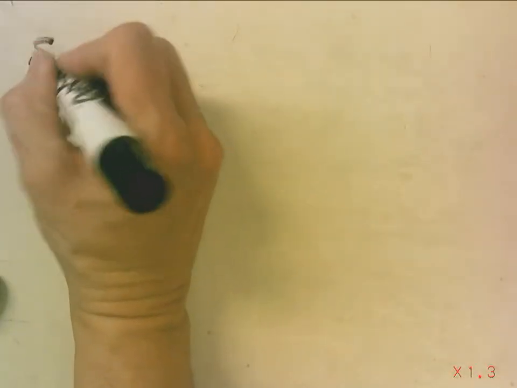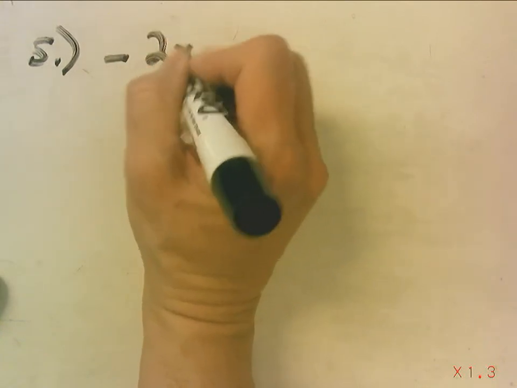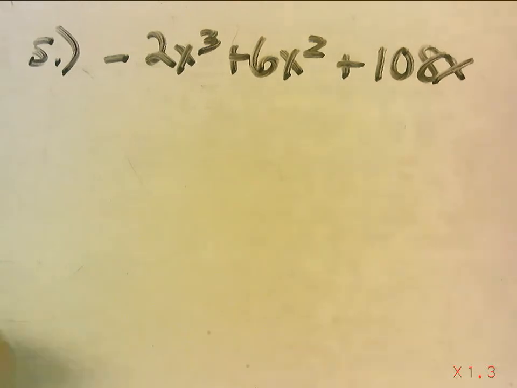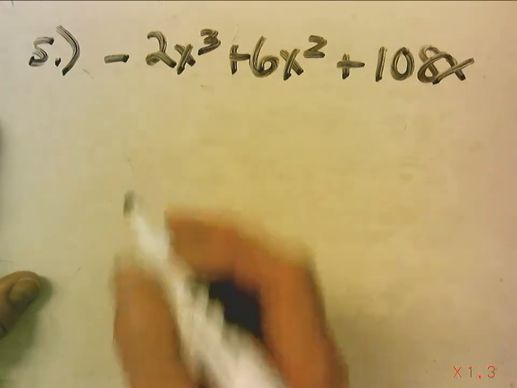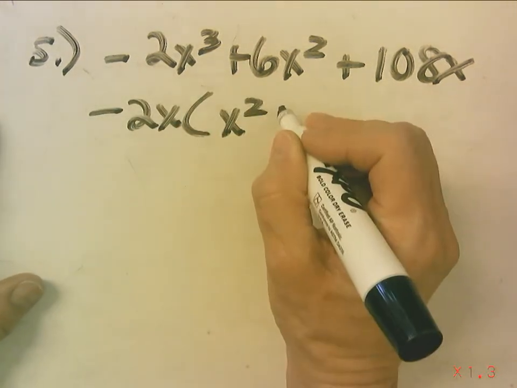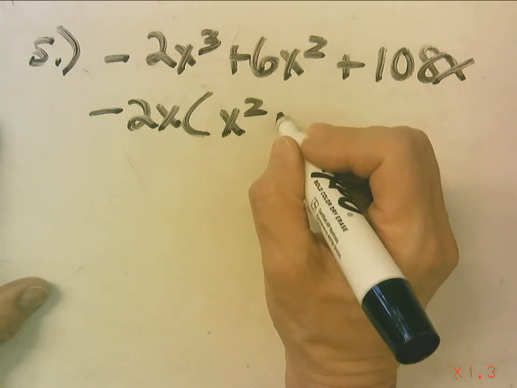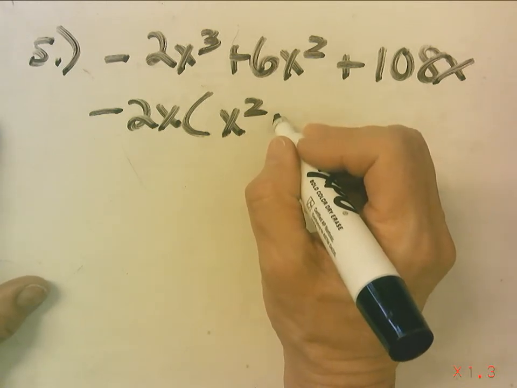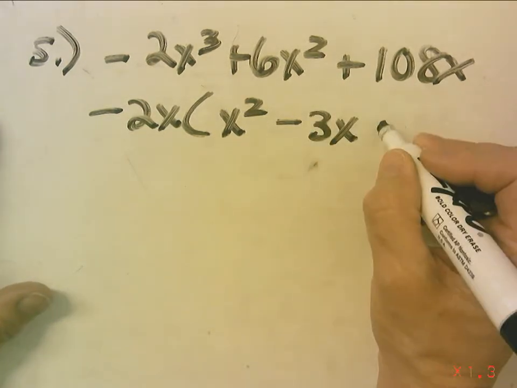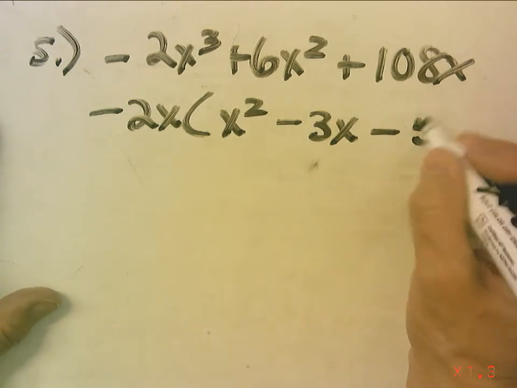Okay, so number 5, negative 2x cubed plus 6x squared plus 108x. Now, how come I can't divide this by 2? Well, I can't divide by 2 because it's not an equation. So the best I can do is factor out stuff. So I'm going to factor out a negative 2x. I get x squared minus 3x and minus 54.